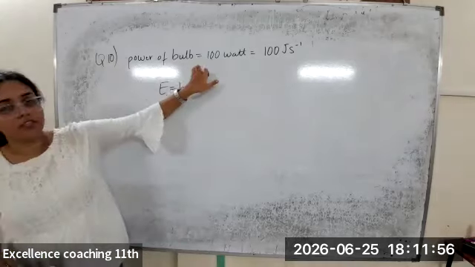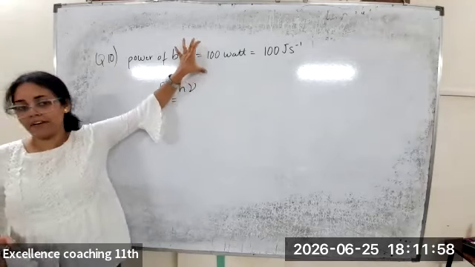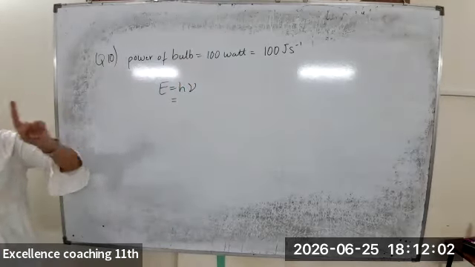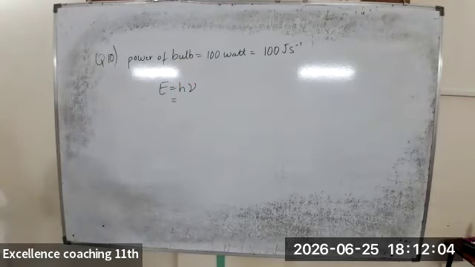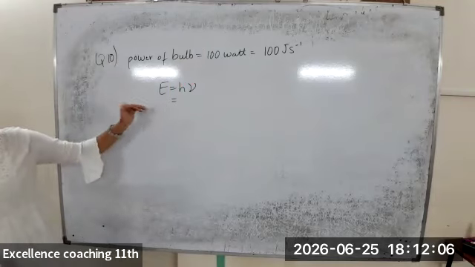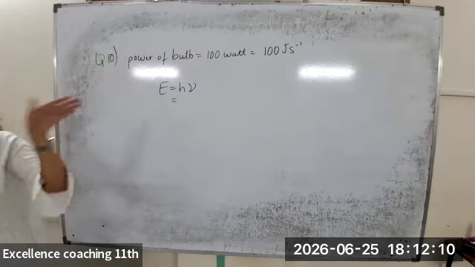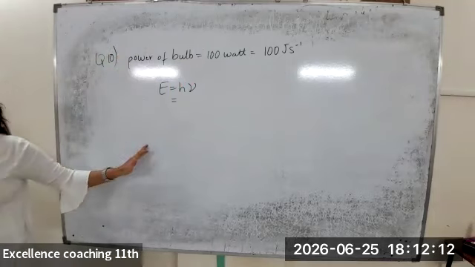This is basically the power of the bulb that they have given. So what we have to do is find the energy for one photon. When we find the energy for one photon, we can take the power and divide it by the one energy.